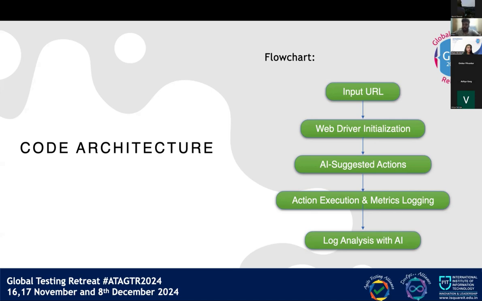Next is action execution. Selenium, an automation framework, then performs these actions, like clicking a button or filling out a form. During execution, we record metrics like response time and system resource usage. Next is AI-driven analysis: at the end, the logs are sent to GPT for summarization.